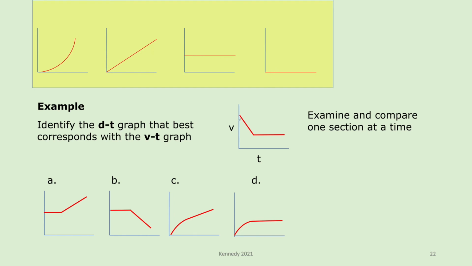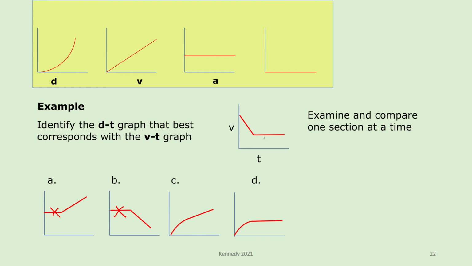V is firstly a diagonal, so I would place V under the diagonal, and D and A just naturally slot themselves in under their shapes. So V is a diagonal, the D should be a curve. So I look through all my graphs. Well, that's not a curve. It's out of the running. That's not a curve. That's no good. C and D are curves. They're looking pretty good.